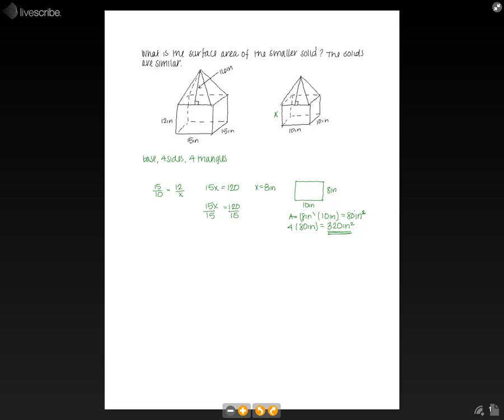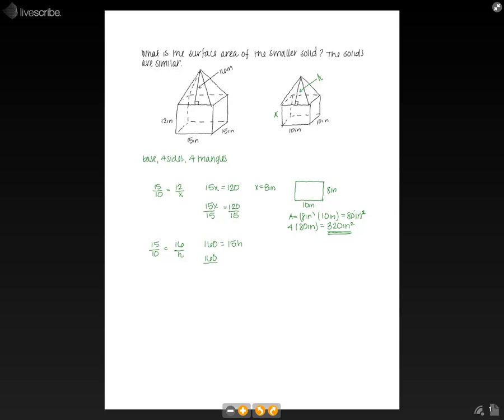So to do that, we should be able to use the same proportion, which would be 15 over 10. This time we need to use that 16 over h. Let's call this length h. Okay. So, when we cross multiply, we get 160 equals 15h.